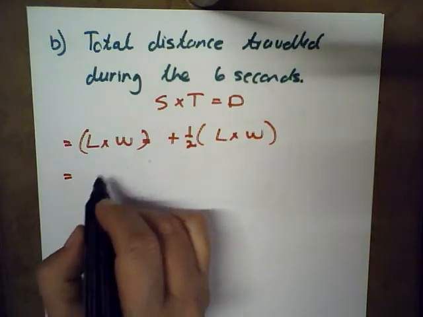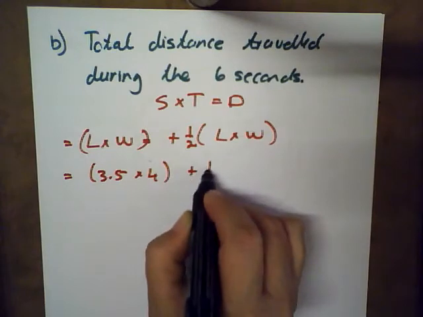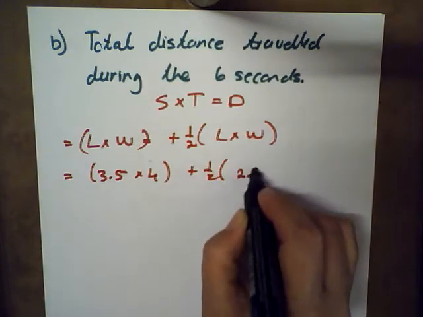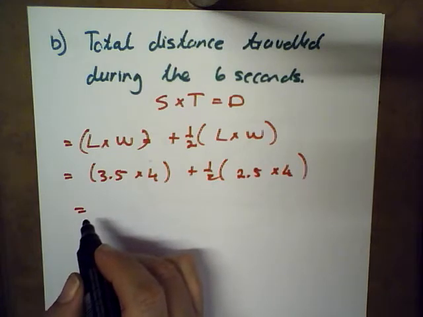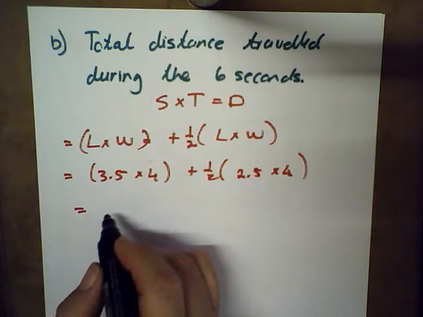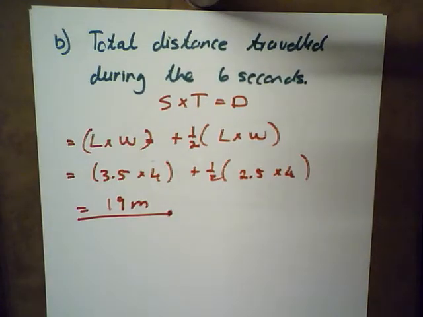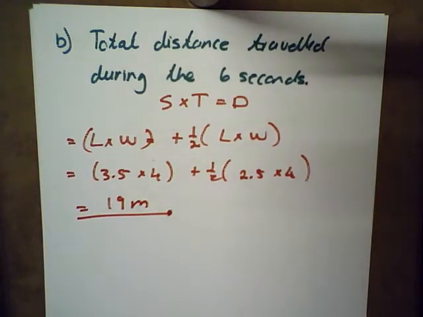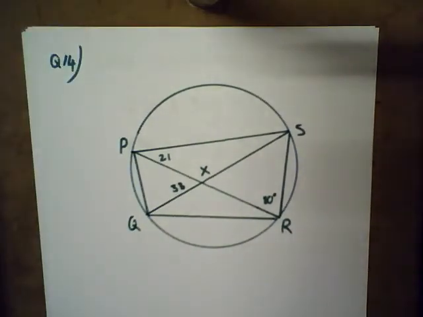That is 3.5 times 4, the width, plus a half times 2.5 times 4, and I do the calculation and I get 19 meters. Okay, good. So let's move on to the next one. We're nearly done. Just keep going, guys. You can make it. Turn the page here to read the question.